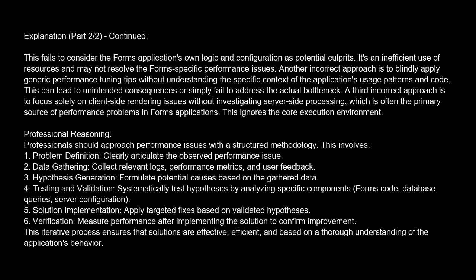Another incorrect approach is to blindly apply generic performance tuning tips without understanding the specific context of the application's usage patterns and code. This can lead to unintended consequences or simply fail to address the actual bottleneck. A third incorrect approach is to focus solely on client-side rendering issues without investigating server-side processing, which is often the primary source of performance problems in Forms applications. This ignores the core execution environment.